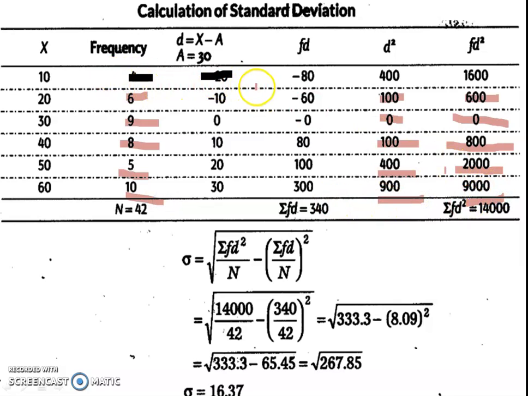We take the total of these elements, which is 14,000.